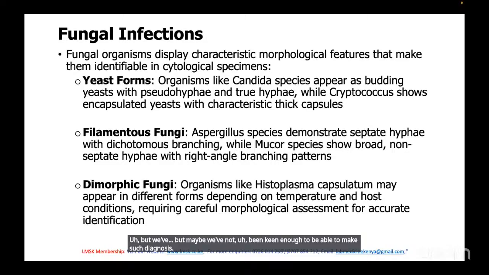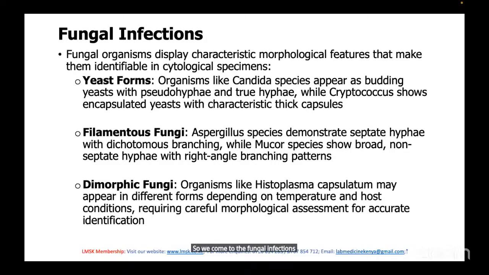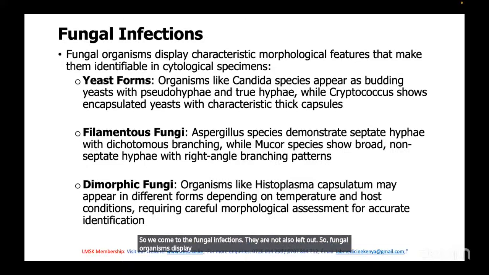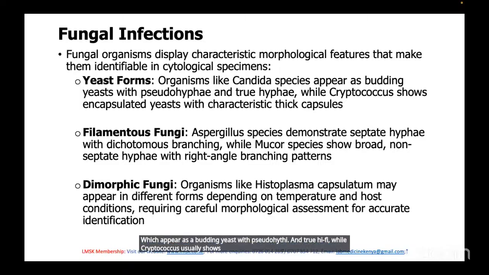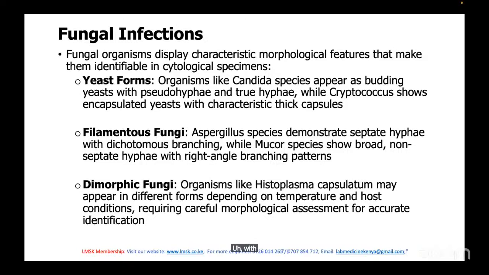So we come to the fungal infections. They are not also left out. So fungal organisms display characteristic morphological features that make them identifiable in cytological specimens. Examples that I've given are yeast forms. In this category, we have an example of Candida species, which appear as a budding yeast with pseudo-hyphae and true hyphae, while Cryptococcus usually shows encapsulated yeast with characteristic thick capsules.